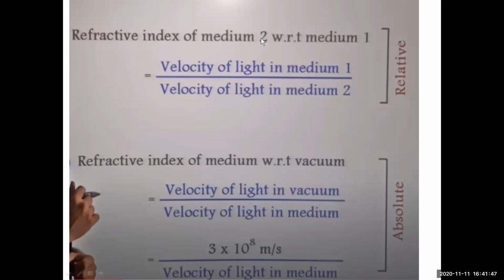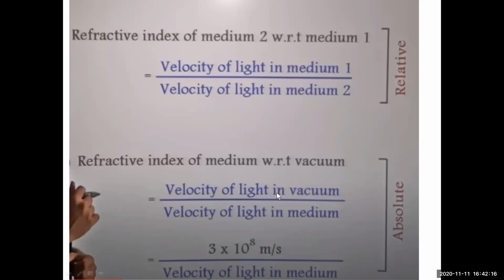The refractive index of medium 2 with respect to medium 1, the relative refractive index, equals velocity of the light in medium 1 by velocity of the light in medium 2. The refractive index of the medium with respect to vacuum, that is the absolute refractive index, is the velocity of the light in the vacuum by the velocity of the light in the medium.